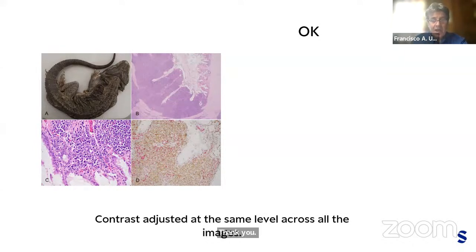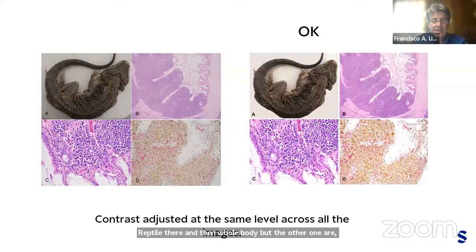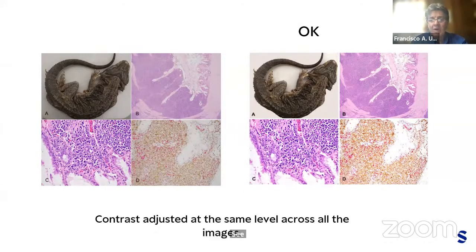This is an example, and on the top left there's a reptile, a whole body, but the other ones are histology images. And if you can see the next one, Jessica, in this case we just adjusted white balance, and as Elaine said, on all the panels.